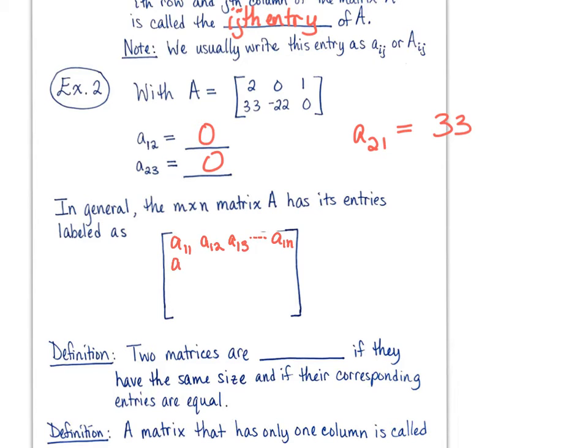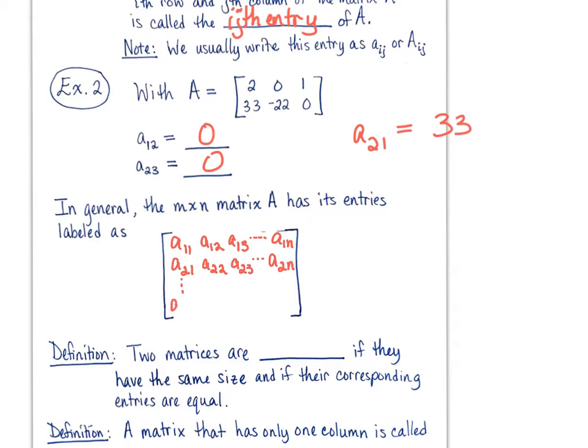A21, A22, and A23, out to A2N. The 3 dots indicate that you have stuff in between.